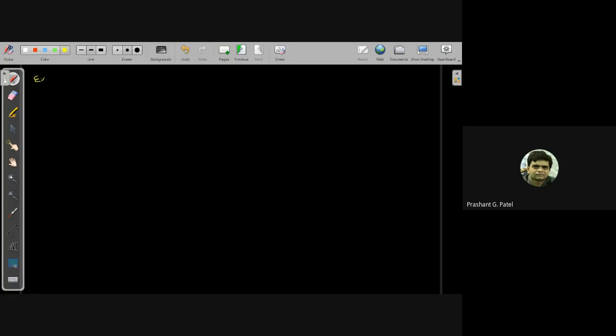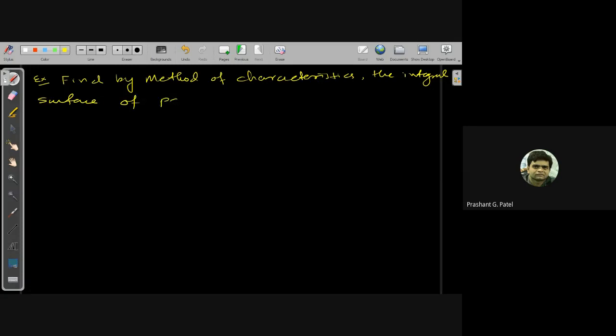So the first example that I'm considering is: find, by the method of characteristics, the integral surface of the nonlinear differential equation pq = xy, which passes through a given line.